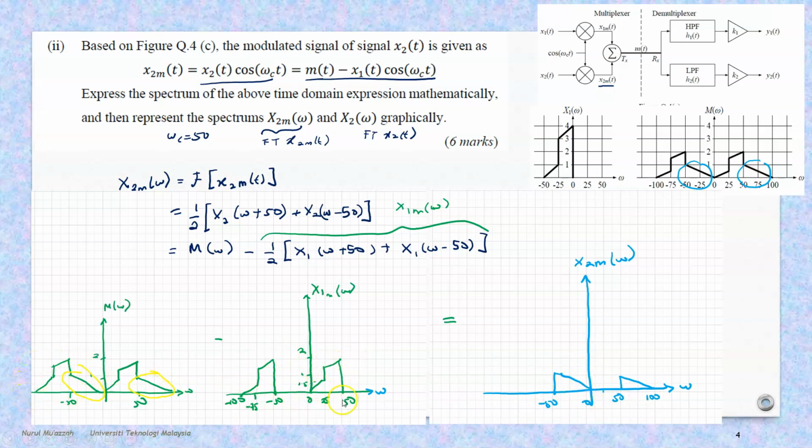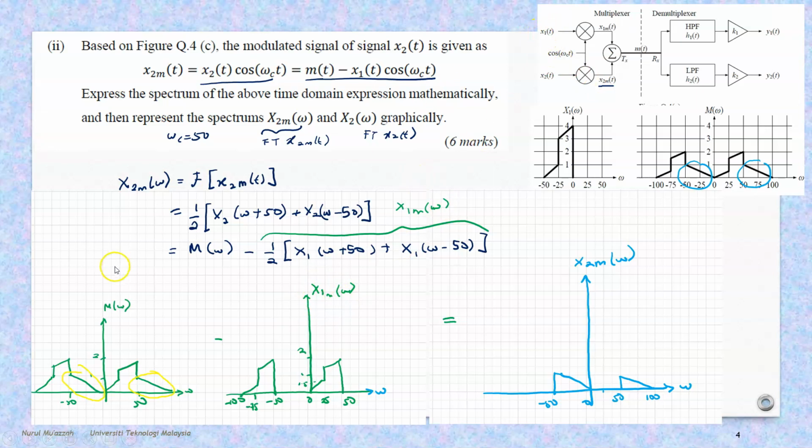This part, at the positive part, if we add with this, we will have this. So the one that I circled in yellow is x2m omega, which comes from x2. The original signal here is x2, and this part here, the one that I circled right now, comes from x1m omega, which originally comes from x1.